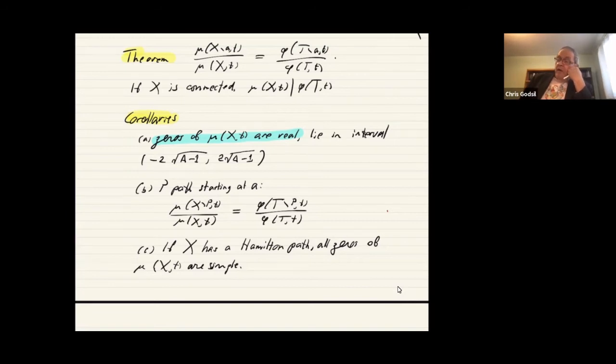So in other words, the rational function on the right here has only simple poles. Okay, so that implies that the rational function on the left has only simple poles.